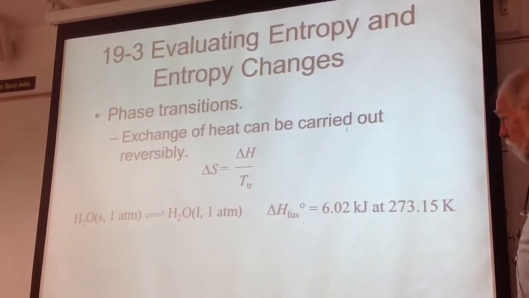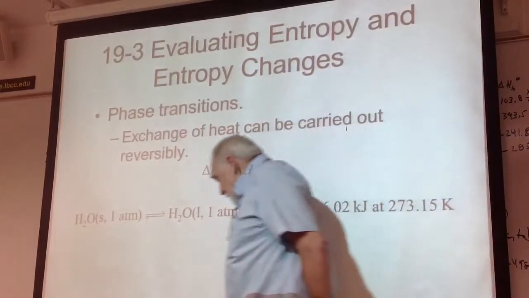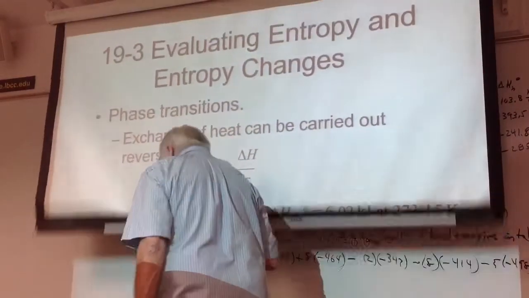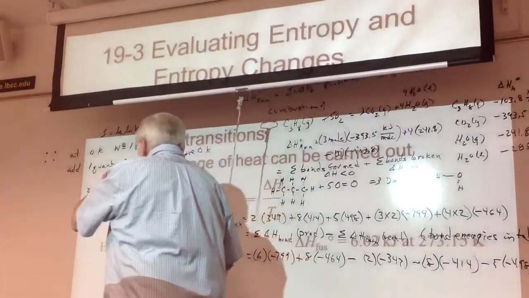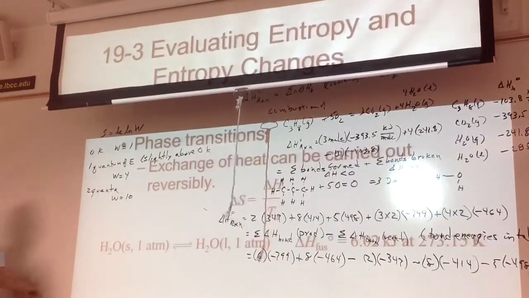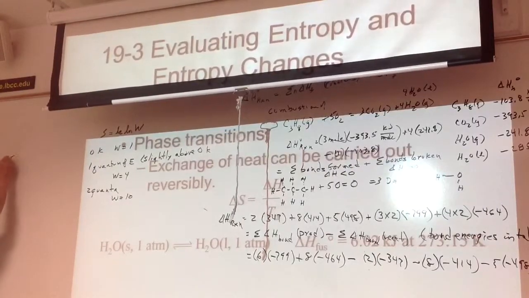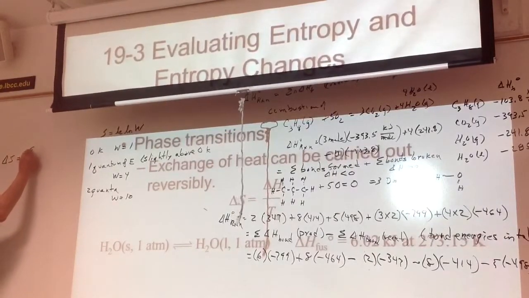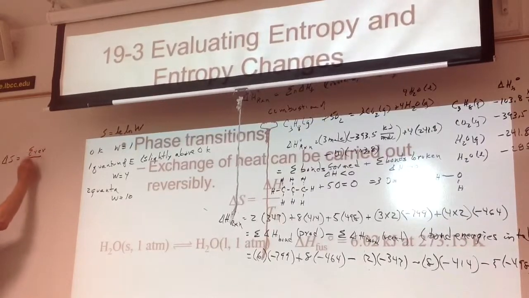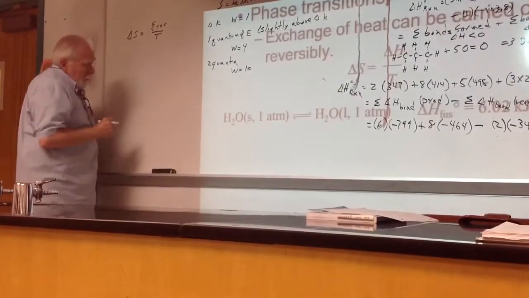Now, one of the confusing things that starts happening here, I have to write this down. I talked about this, we're not going to do this, but this is certainly something we have to know now. First of all, this is temperature in kelvins. This is the heat change that's done reversibly.